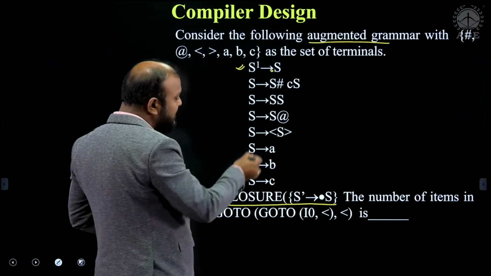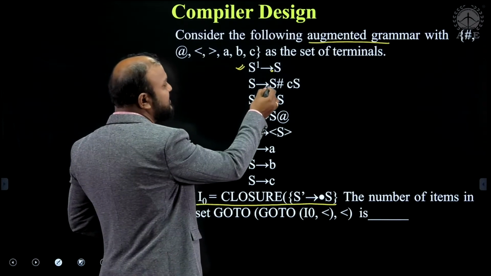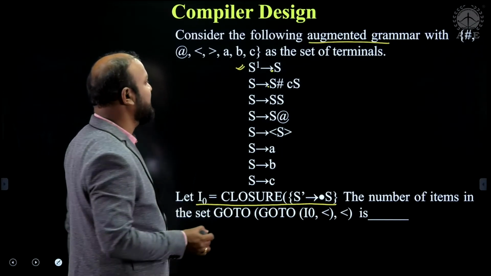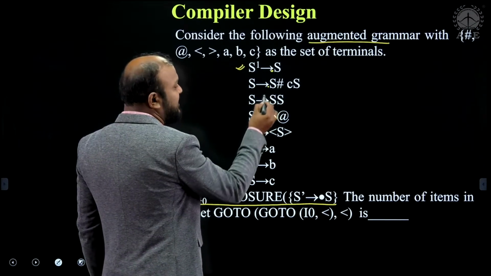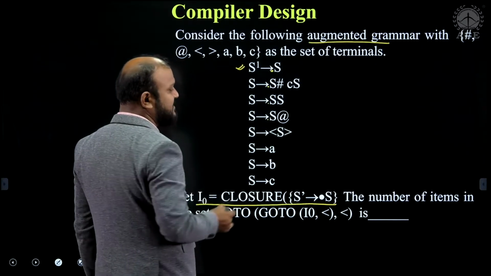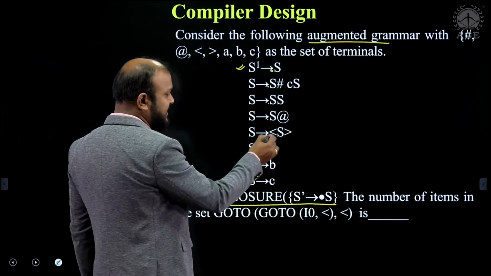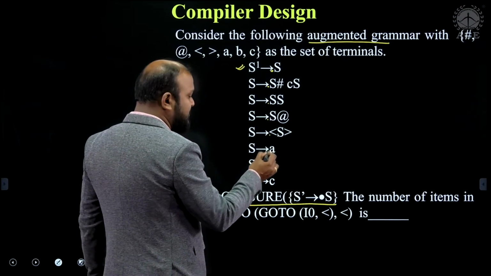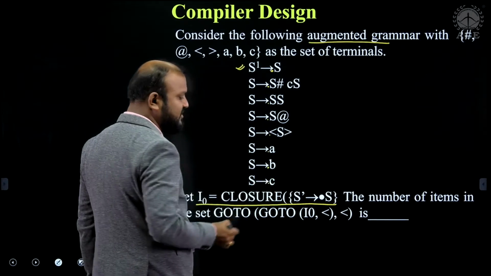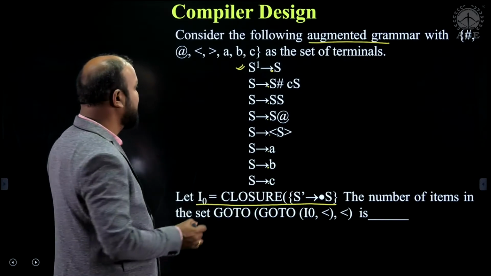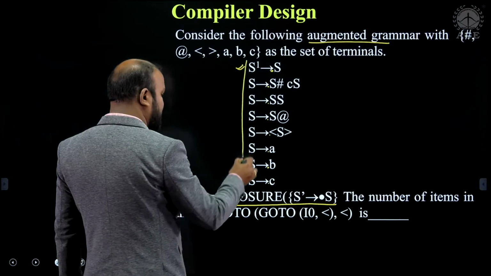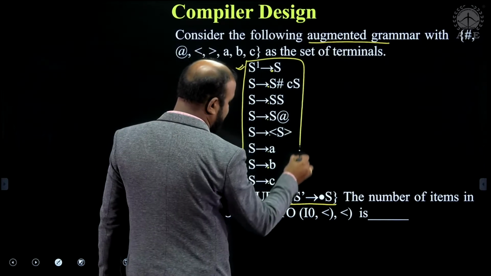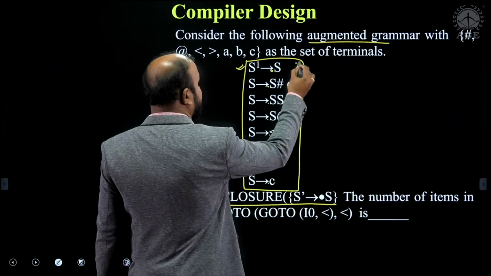We need to add all these productions in the same closure set with dot at the beginning, that is S tends to dot S hash CS, S tends to dot SS, S tends to dot S at the rate, S tends to dot lesser S closure, S tends to A, S tends to B, S tends to C with dot at the beginning. This is what we call closure of S' tends to dot S. I am calling this I0.